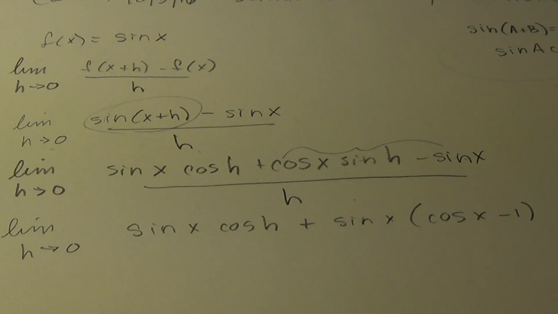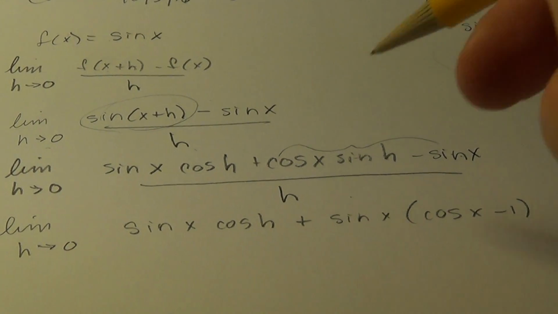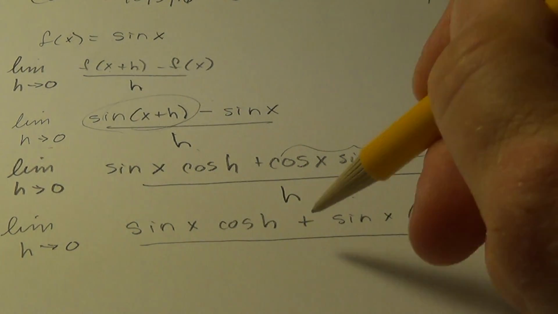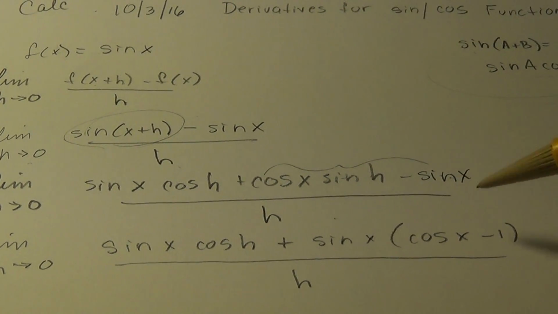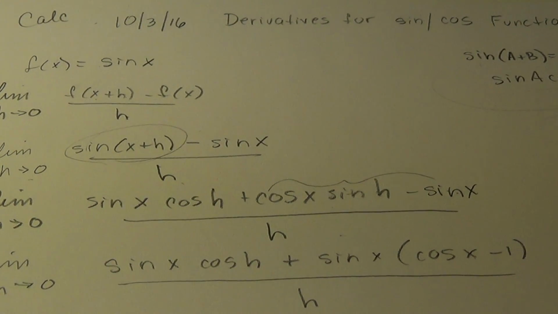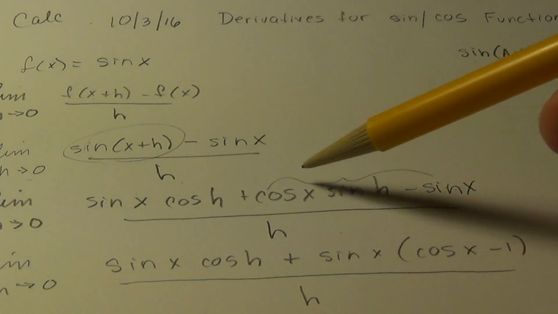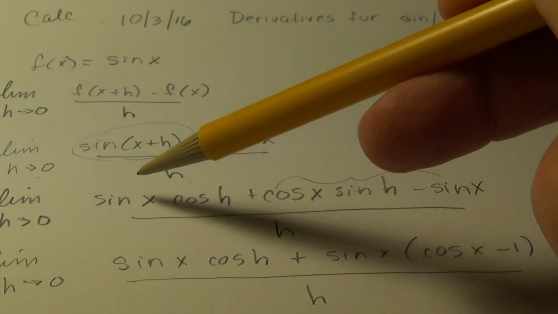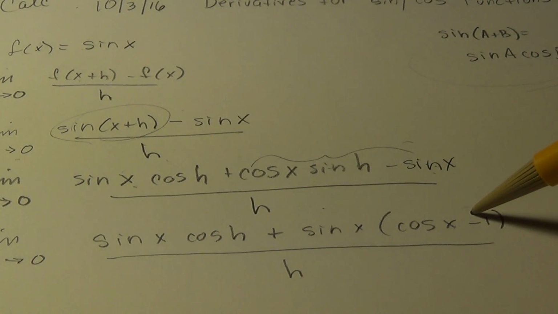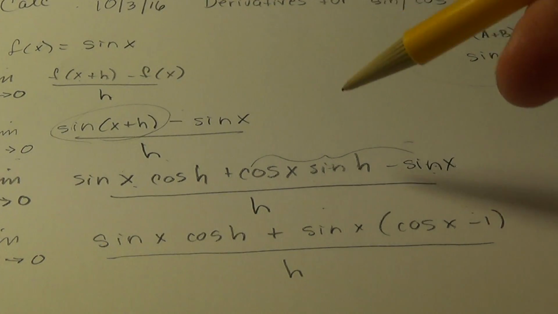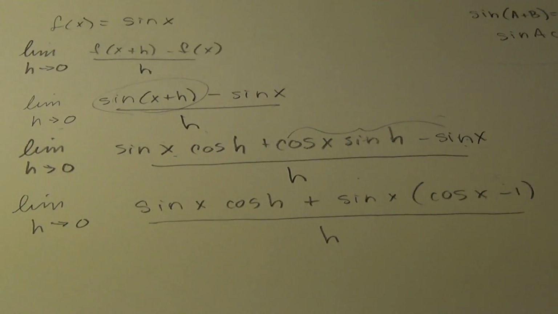So factoring a cosine out of those two terms and putting an h here. I think this is supposed to be sine x. I wanted to take the sine x out of these two terms. It's not that this isn't correct. It is, but it's not setting up the way I want it to.